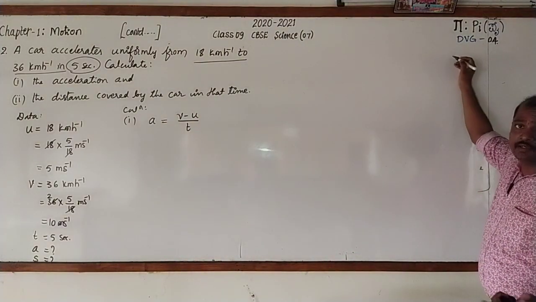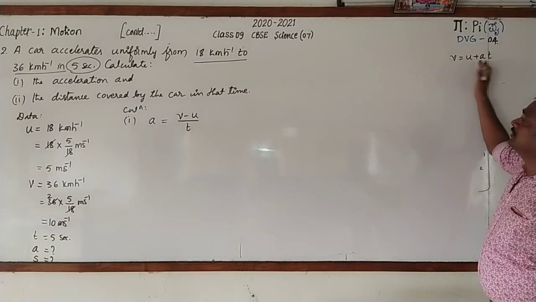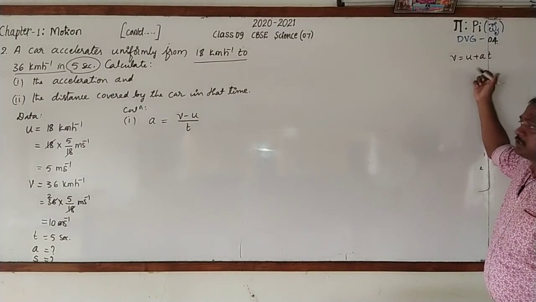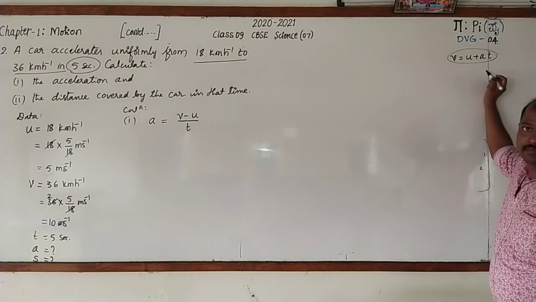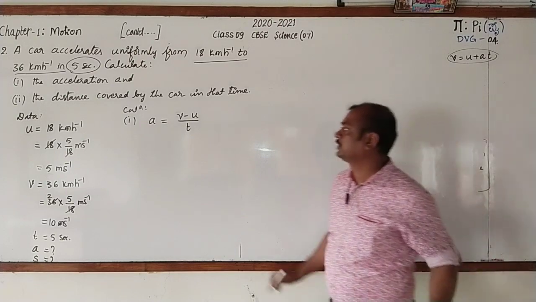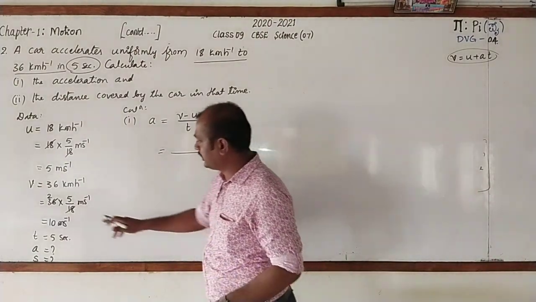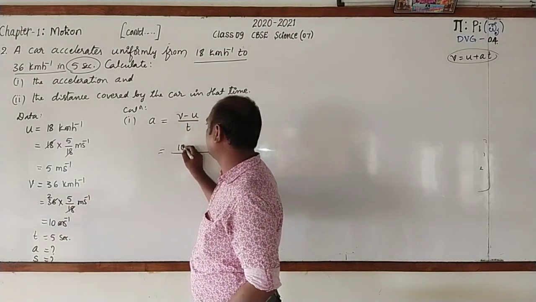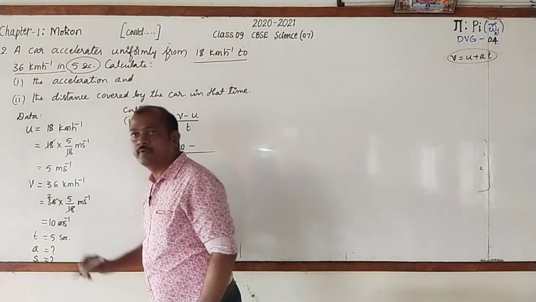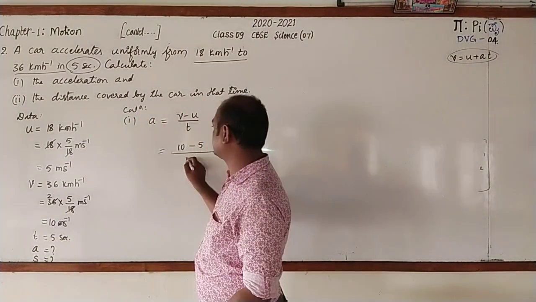That is, we had the equation V equal to U plus AT. See that here also it has been derived from acceleration. You can go for using this as well. But we have direct formula, hence we have used it. This is equal to, what is V? Final velocity. It is 10. Initial velocity 5 meter per second. And time taken is 5 seconds.